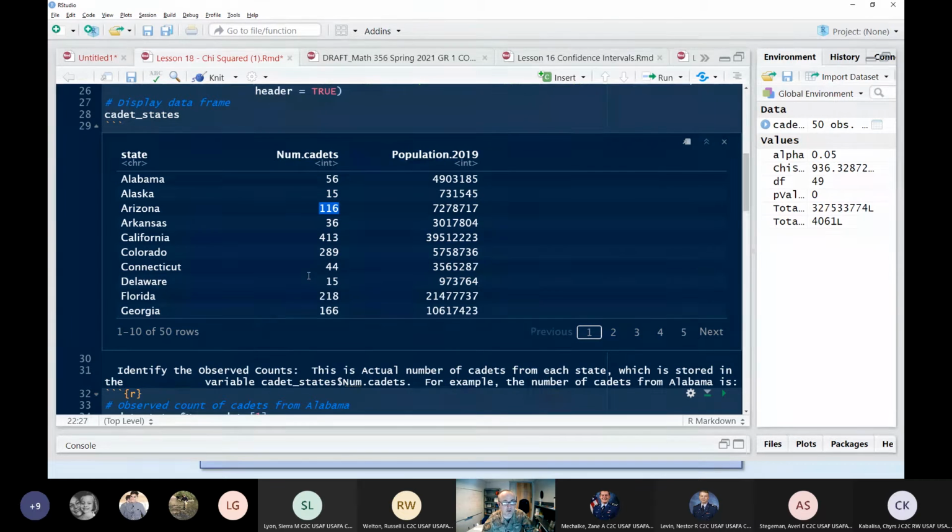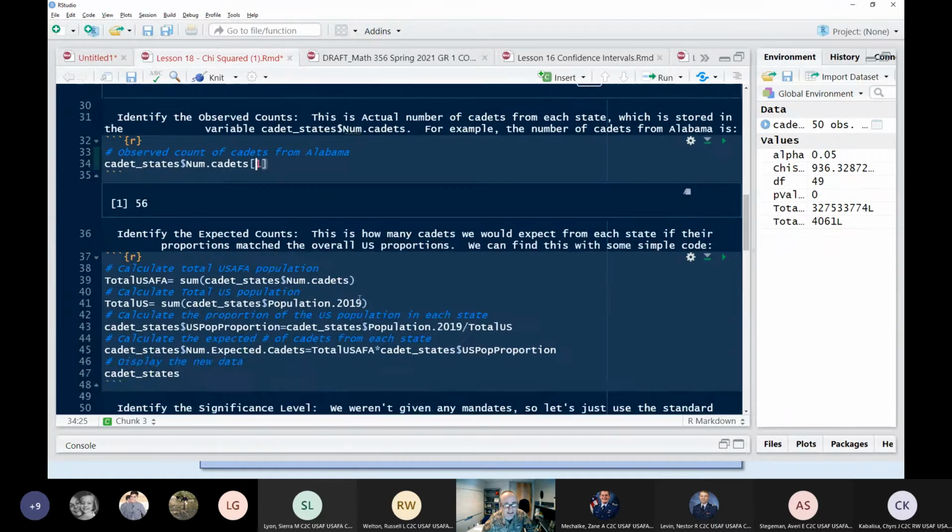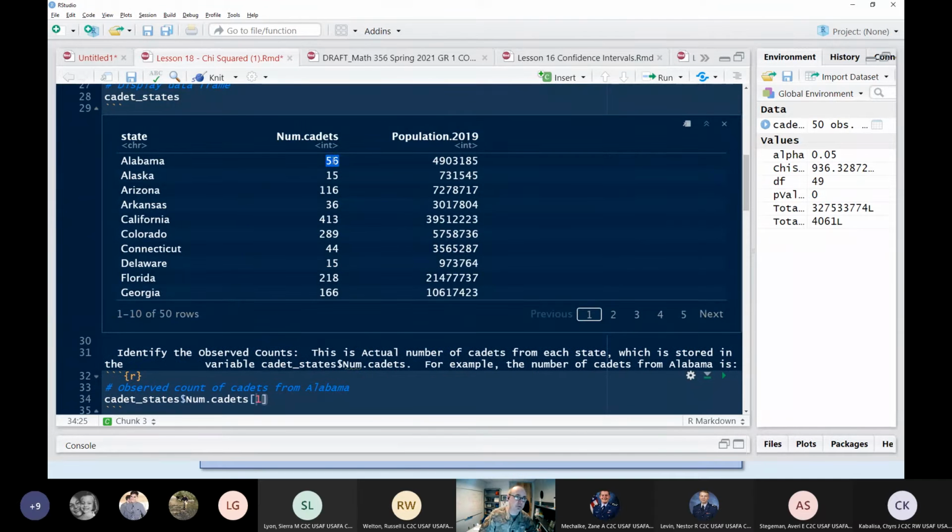If I wanted to pull one of those specifically, I could just say, there's the name of my data set, and that's the name of the variable. And if I want Alabama, I just say I want the first one, right? So if I run this, I get 56, and sure enough, that is the actual observed number of cadets from Alabama.